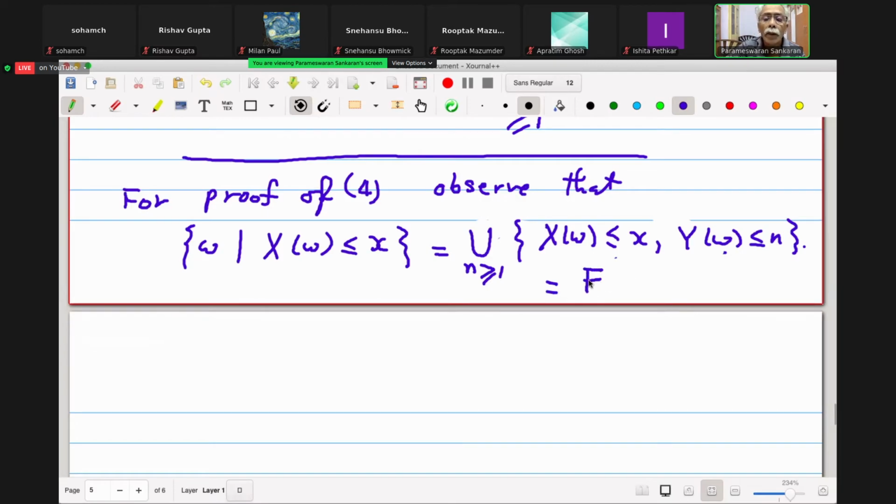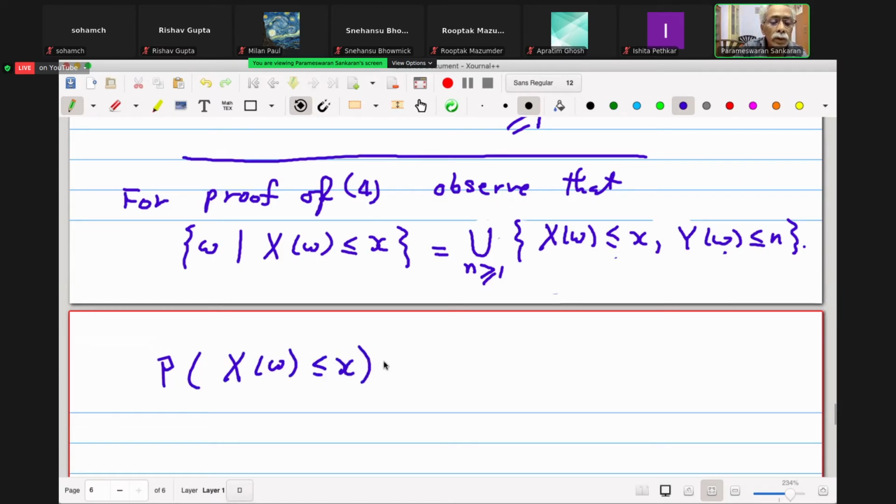Sorry, okay, so I should not write this here. So the probability of X(omega) less than or equal to x is equal to... okay, first I look at this one. Let us call this A_n. This is the union of all these things. So the limit of the probability of A_n as n goes to infinity.